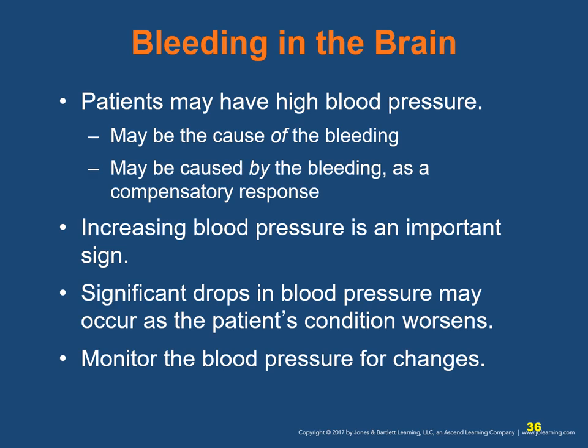So the brain is telling the body to increase blood pressure to try to keep the blood coming, because of course it carries the oxygen it needs. Significant drops in blood pressure may occur as the patient's condition worsens. Monitoring the blood pressure for changes in these patients is extremely important.